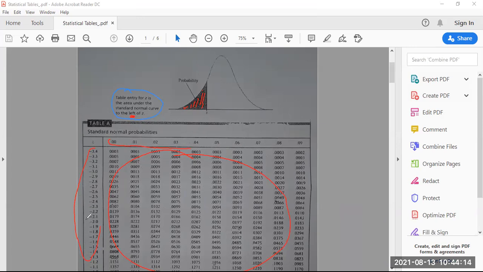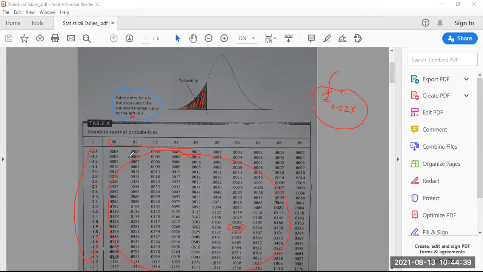Since we are looking for the value of Z corresponding to a probability of 0.025, we look for 0.025 inside the table. In my table, I can see it's here.